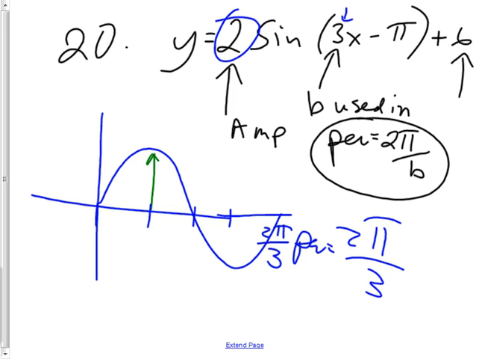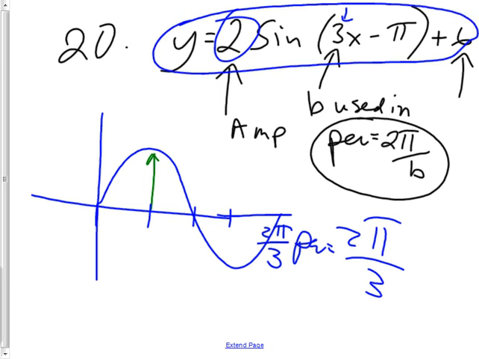All right, last thing on this kind, do you know where the phase shift is? The phase shift is in here, and the phase shift is solving that for x. So you want to get the x alone, so you divide both of them by 3. You get what I'm doing there?